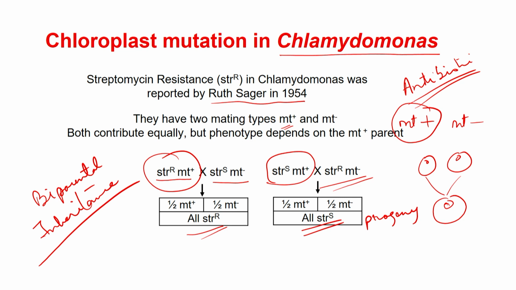Okay. So, this means that the mitochondria coming from the MT plus strain again dominates the mitochondria from the minus strain. So, we see a kind of dominance over here, even if it is defective, it dominates, and then you can see the phenotype.